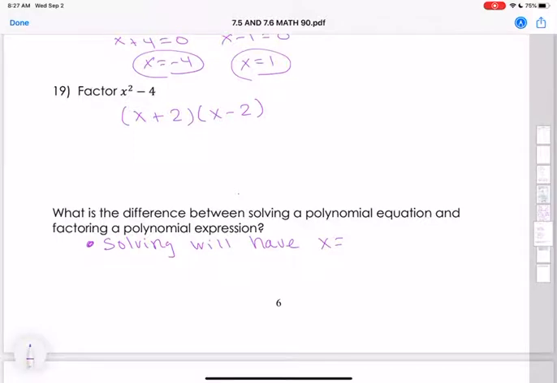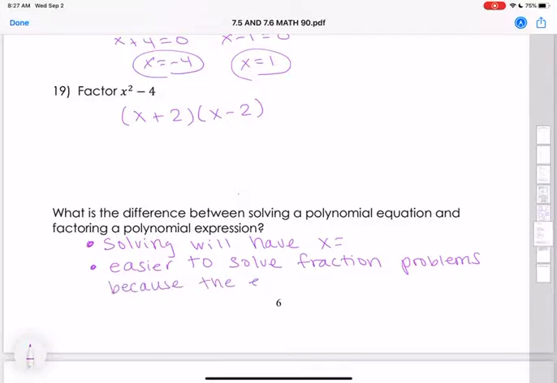Also, I'm going to write this down too. Easier to solve fraction problems because the equation can be, I'm going to put, scaled up.